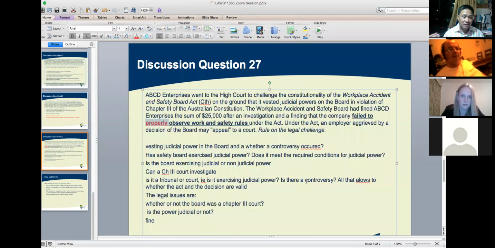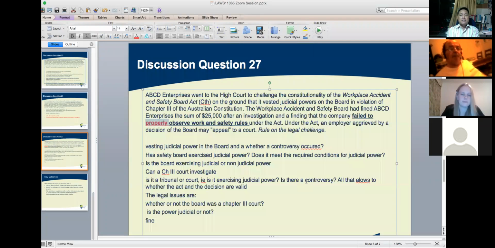It's quite usual for executive agencies to impose fines as part of their regulatory functions. Yes, Queensland government agencies. But again, the example of Queensland government agencies may not be applicable because we're talking here of a federal level. At the level of states, it doesn't really matter whether an agency is exercising judicial or non-judicial functions. It's less crucial. Okay, so I guess that's it.